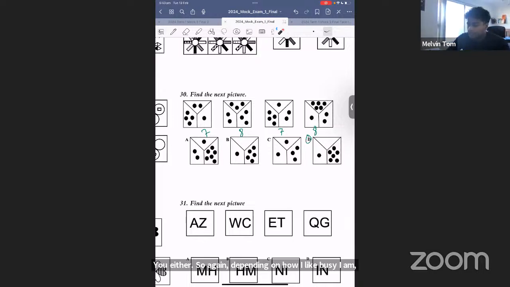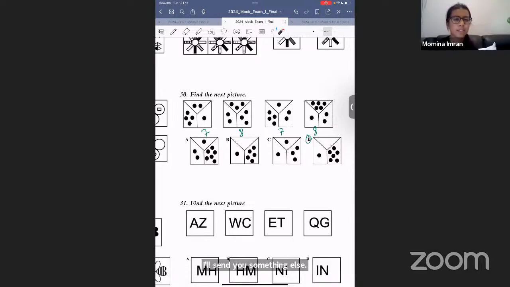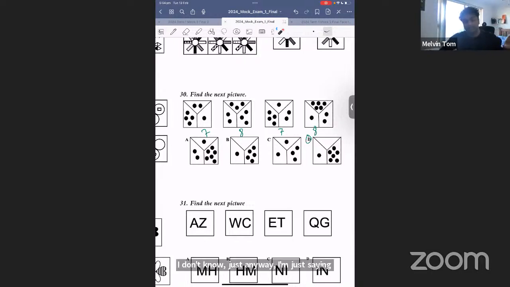Otherwise, Momina, I trust you and I'll send you something else, but you have to promise me you won't share it with anyone else. The other resource is only if I don't have time to do it for you. Most likely I won't. In that case, I'll just send that to your mom and dad.